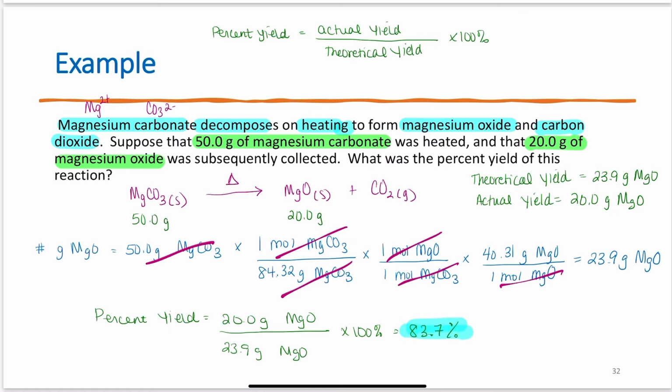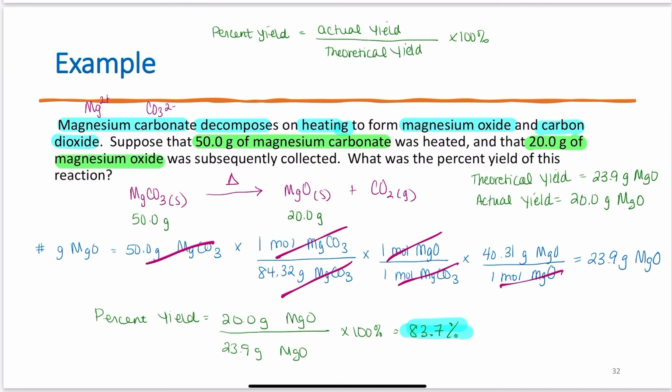That means I have a percent yield of 83.7%. So I was able to produce almost 84% of what I originally thought I would. The ratio I was able to make was almost 84% of that total amount.